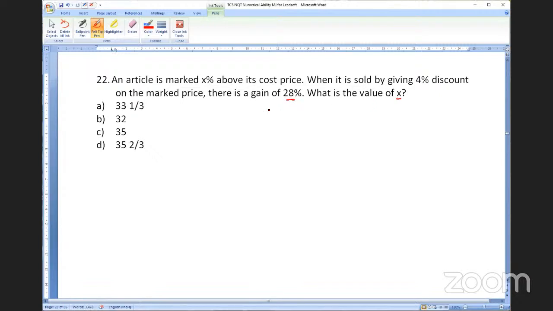We should be using our net change rule here, which says that actual profit is equal to M minus D minus M into D by 100, where M means marked up and D means discount. We will avoid percentages in this calculation. The actual gain is 28%.